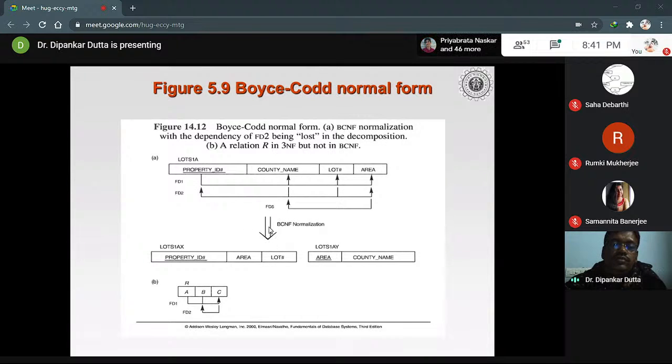If you do BCNF normalization, then property ID, area, lot, and then this table, area, country name. So one dependency is lost. This is lost.